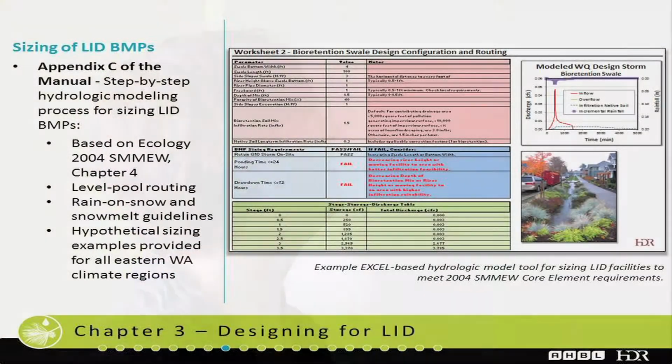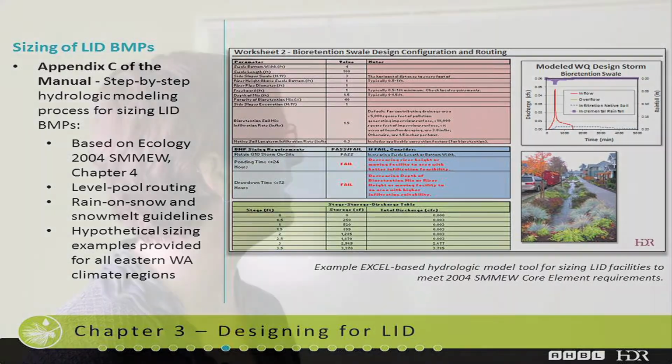These steps for designing infiltration facilities are from the 2004 Stormwater Management Manual for Eastern Washington. Sizing of LID BMPs, Appendix C of the manual provides a step-by-step hydrologic modeling process for sizing LID BMPs. And again, it's based on the 2004 Stormwater Management Manual for Eastern Washington, mostly from Chapter 4 of that manual.